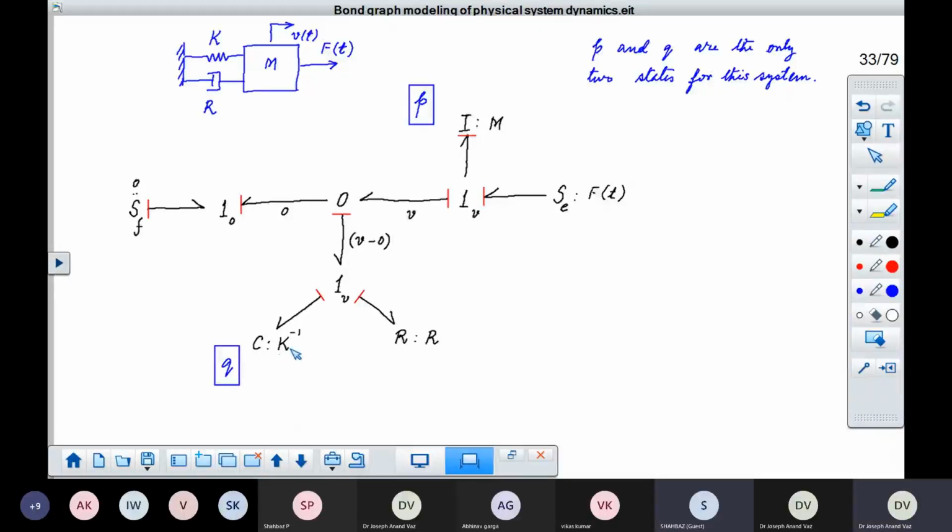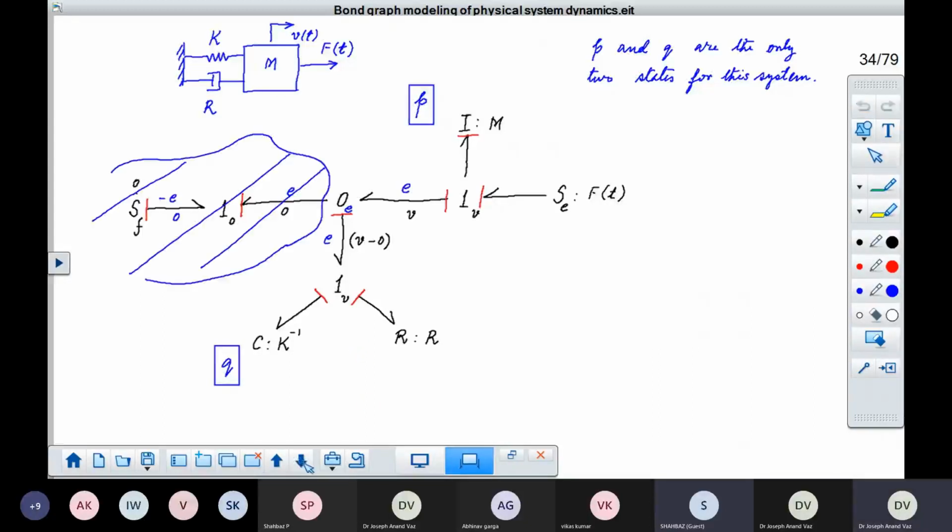Both these elements, you can see they are in proper integral causality, and that is why they can contribute states to the system. We will see a little later in our lectures what happens if this gets violated or if it becomes derivative causality. In that case, how are we to address what happens to the state? Does the element have the ability to contribute the state or not? So that discussion we'll leave for a little later.